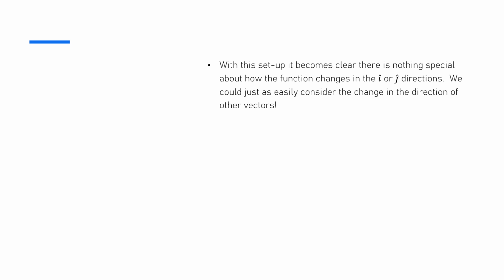So when we did partial derivatives, it seemed very clear: we could change x or we could change y, and both of those made sense. But now, rather than thinking of changing x or y, we're asking for the change in the i direction or the change in the j direction. Well, then easily we can ask, why would we only be able to change in those two directions?